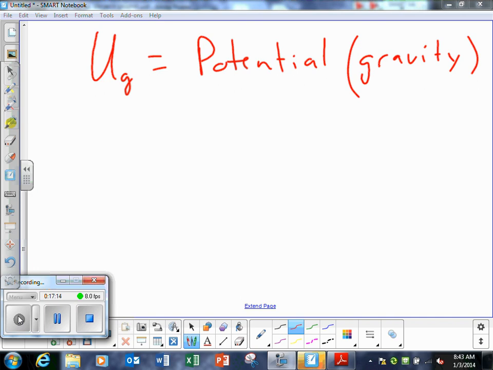So let me ask you, if I drop a ball from 1 meter high versus 5 meters high, which one is going to take more energy to stop? 5 meters, right? So we can say that it's directly related to height. How about if I drop a bowling ball versus a baseball?